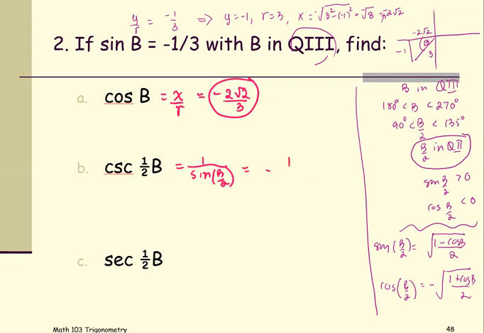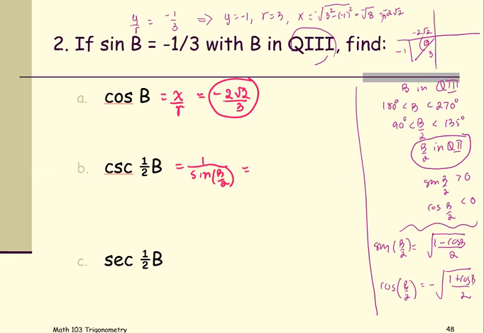The sine of B over 2 is the square root of 1 minus cosine B, where cosine B is negative 2 square root 2 over 3. Let me rewrite the formula and then replace the values for our convenience.